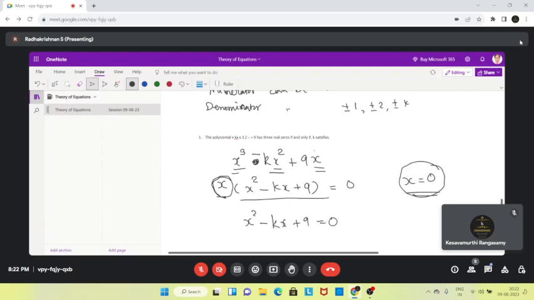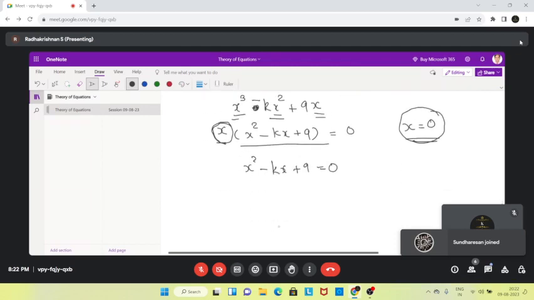So we already got one real root. Now the question is all 3 roots being real, which means this quadratic should have 2 real roots. So what is the condition? For a quadratic equation, what is the condition for the 2 roots to be real?